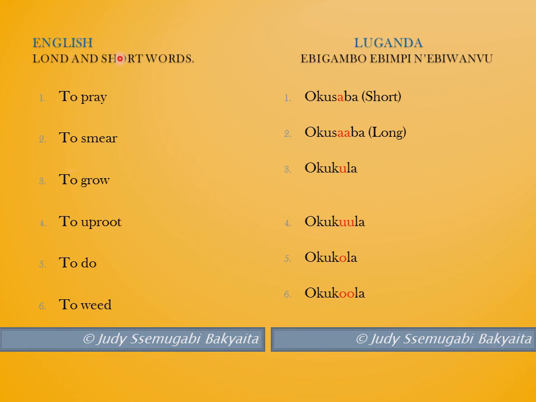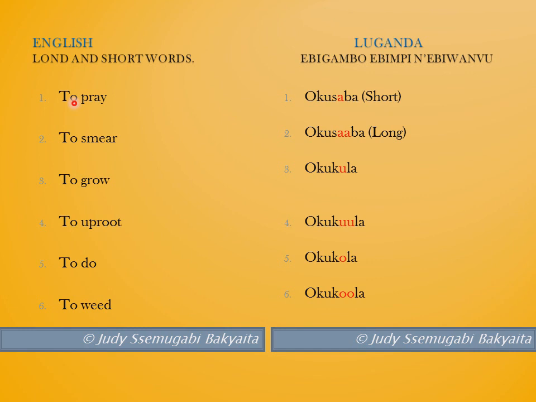So, these are the words in English. In Luganda, you can say the same word with a single vowel, and here is the same word with a double vowel. The meanings change. When it's short, it means something else. When it's long, it means something else. So let's see. To pray.